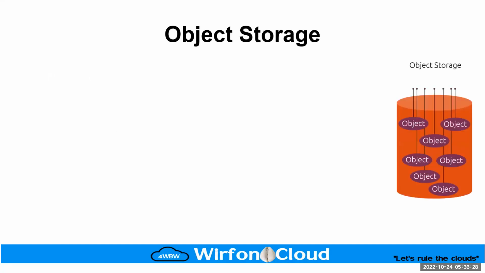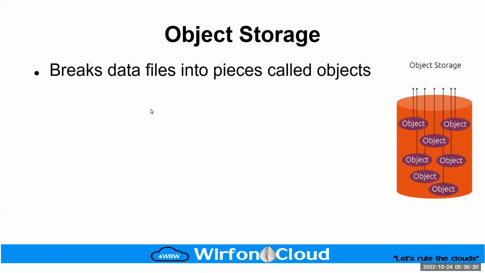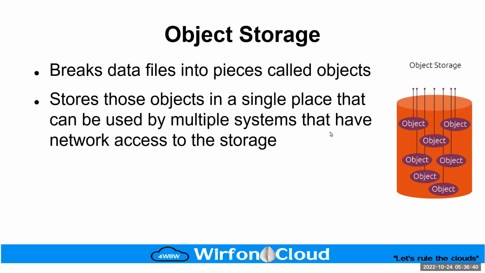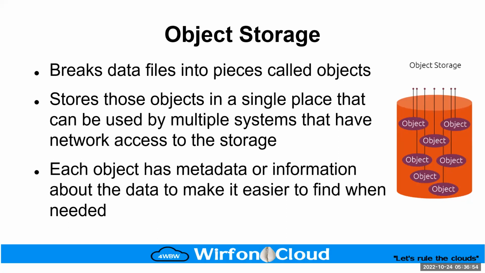We'll start with object storage. Basically, the data files are broken into pieces called objects, as you can see on the diagram beside here. This stores objects in a single place that can be used by multiple systems that have network access to the storage.